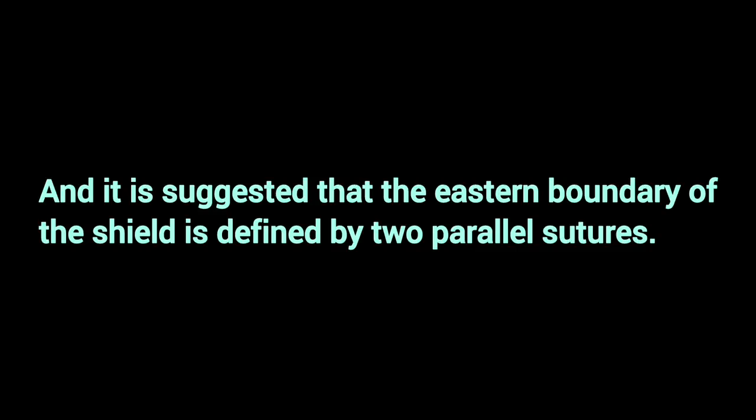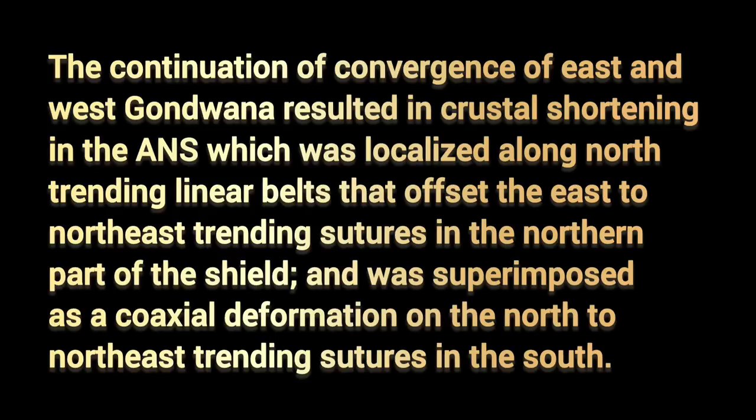The continuation of convergence of east and west Gondwana resulted in crustal shortening in the ANS, which was localized along north trending linear belts that offset the east to northeast trending sutures in the northern part of the shield and was superimposed as a coaxial deformation on the north to northeast trending sutures in the south.